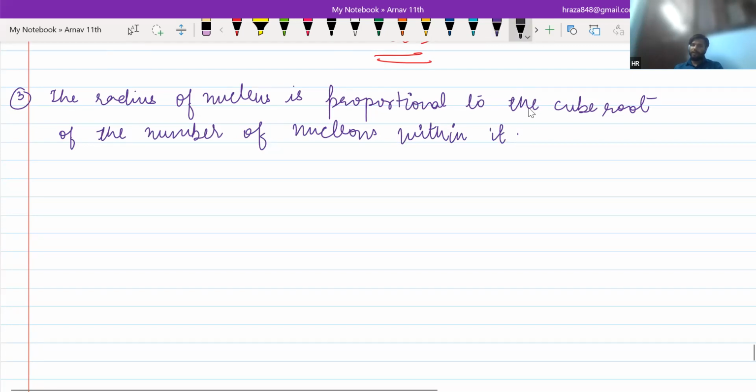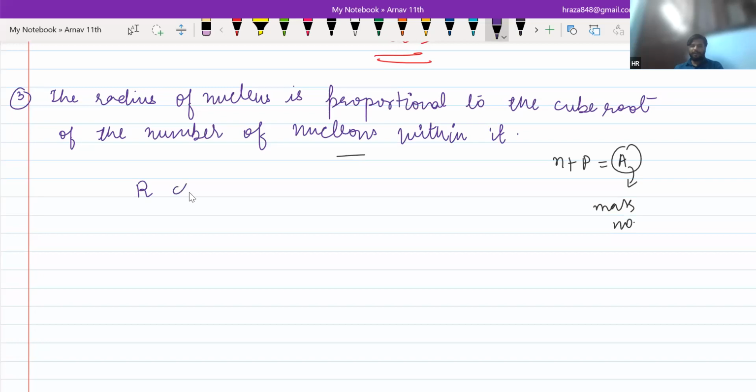And you already know that nucleons, that means n plus p, neutron plus proton is mass number. Yes or no? I have already taught this. So radius of nucleus is directly proportional to mass number raised to the power 1 by 3, cube root.